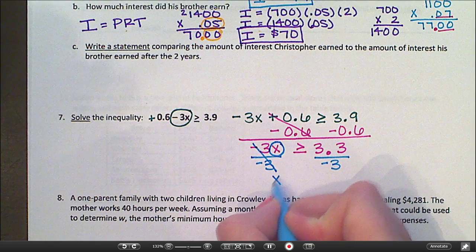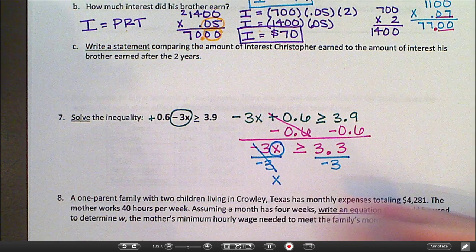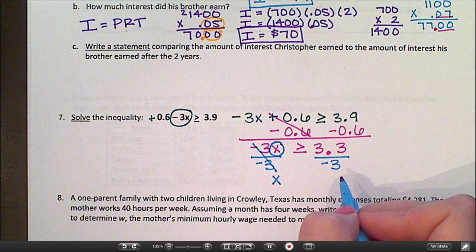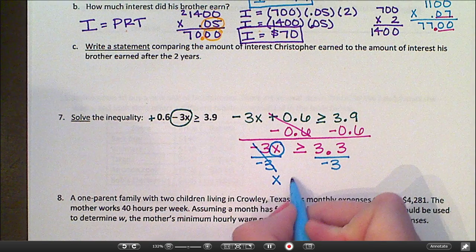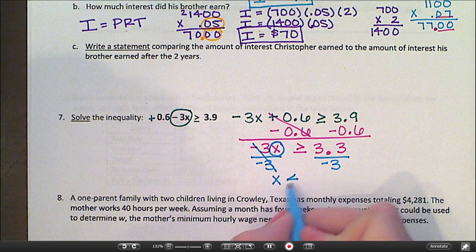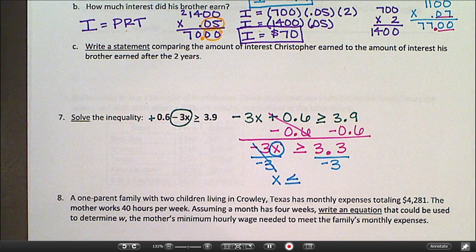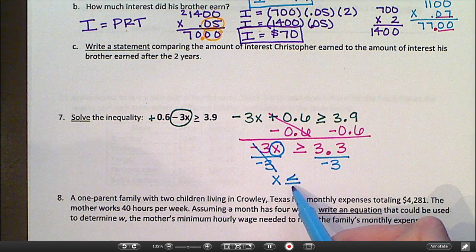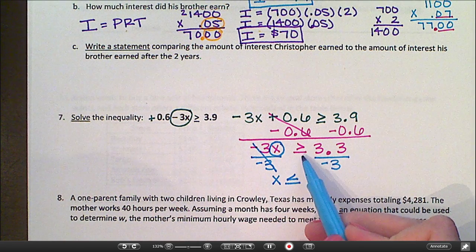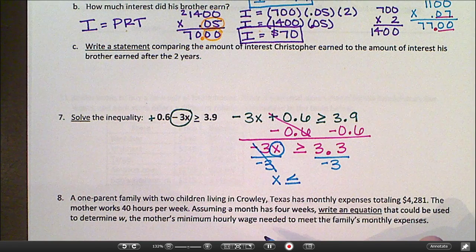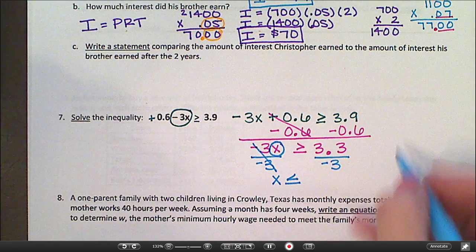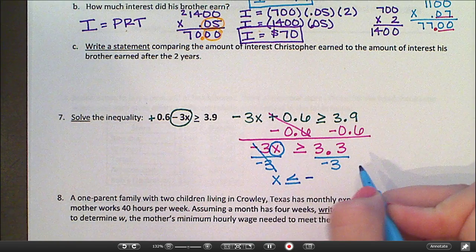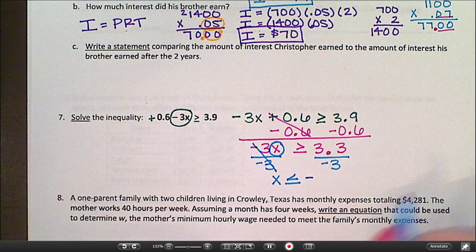So x, I'm dividing by a negative, so what does that do to my sign? We're going to flip the sign, keep that equal there. So it becomes less than or equal to instead of greater than or equal to. Now, I know that my answer is going to be negative because the signs are different and I'm dividing.